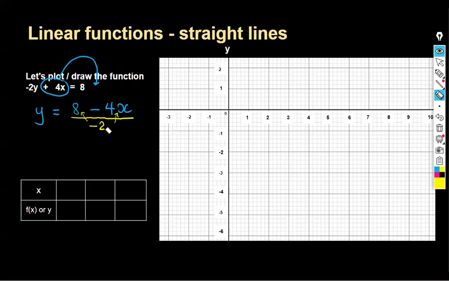So instead of putting one big divide sign, I could just simply put a separate divide sign for everybody and divide them by what? -2. And then simplify it on the next line. Positive 8 divided by -2 is -4. -4 divided by -2 is +2. And don't forget to put the x. I would prefer this.